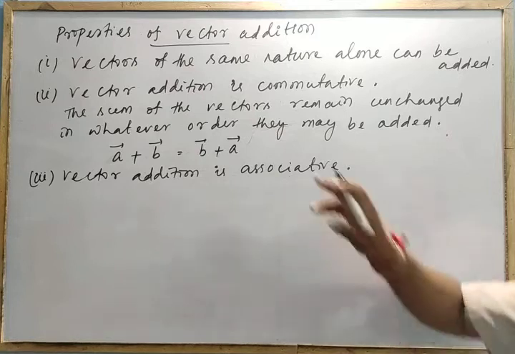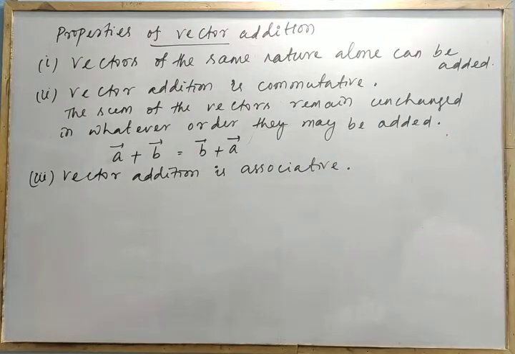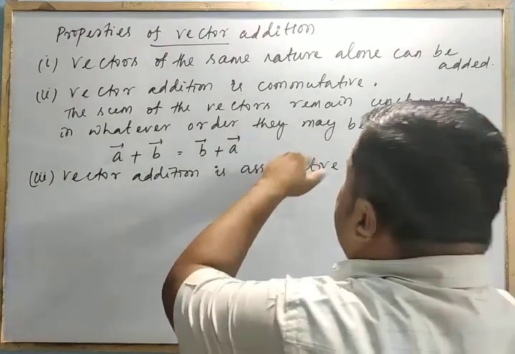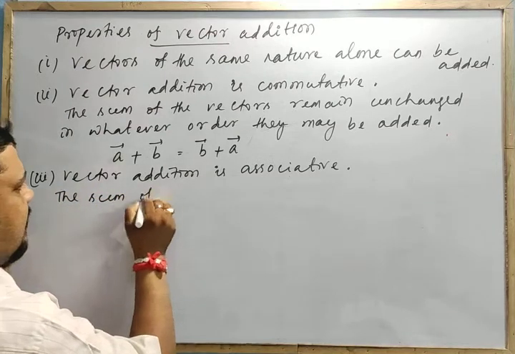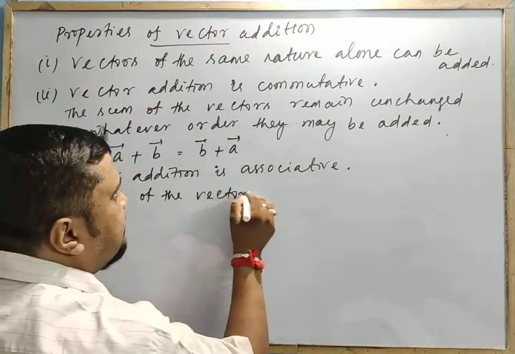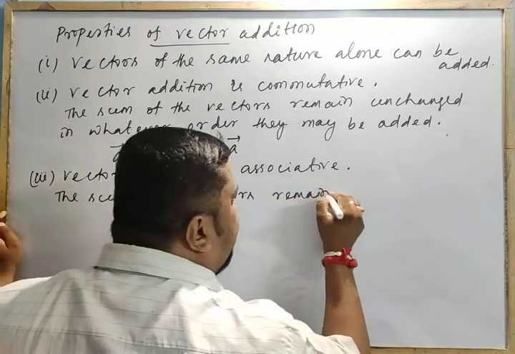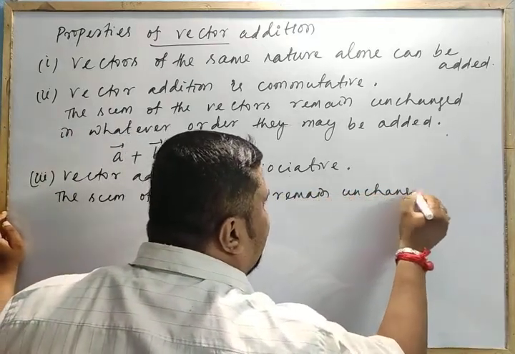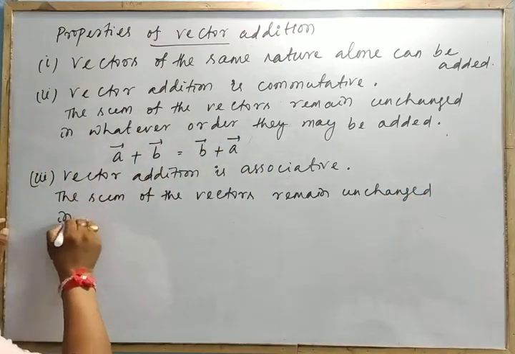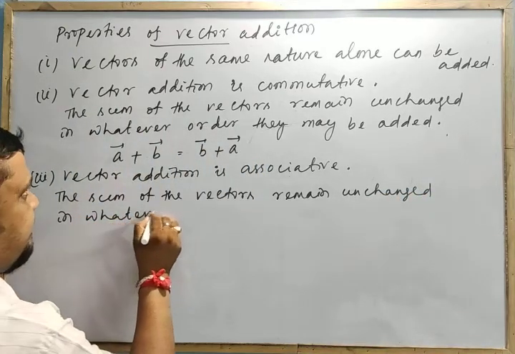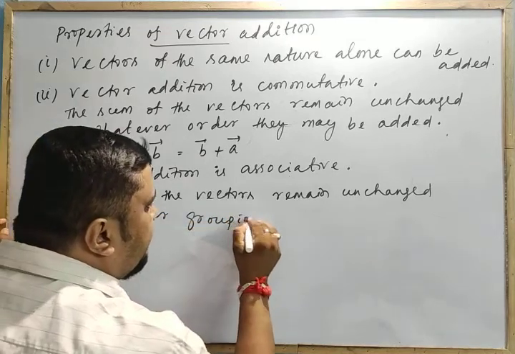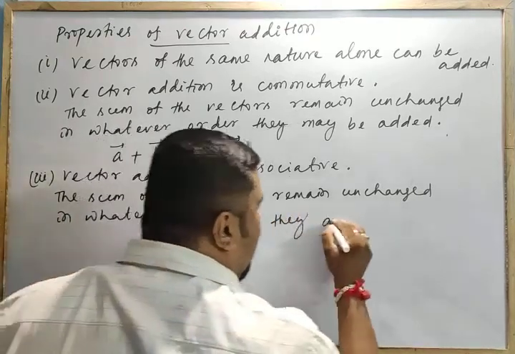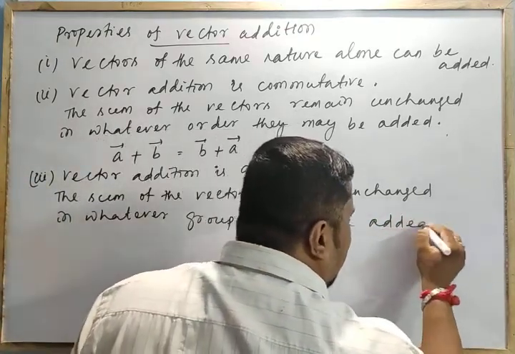The sum of the vectors remains unchanged in whatever grouping they are added. So let me write here: the sum of the vectors remains unchanged in whatever grouping they are added. Are you getting this?